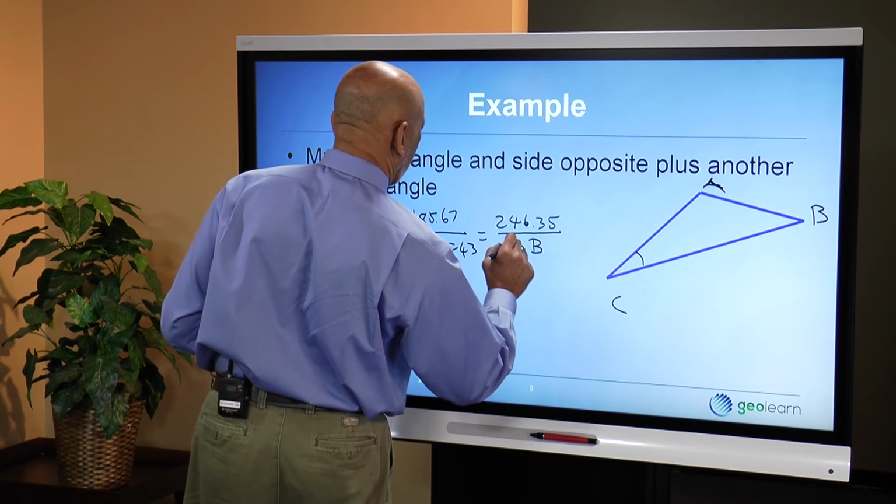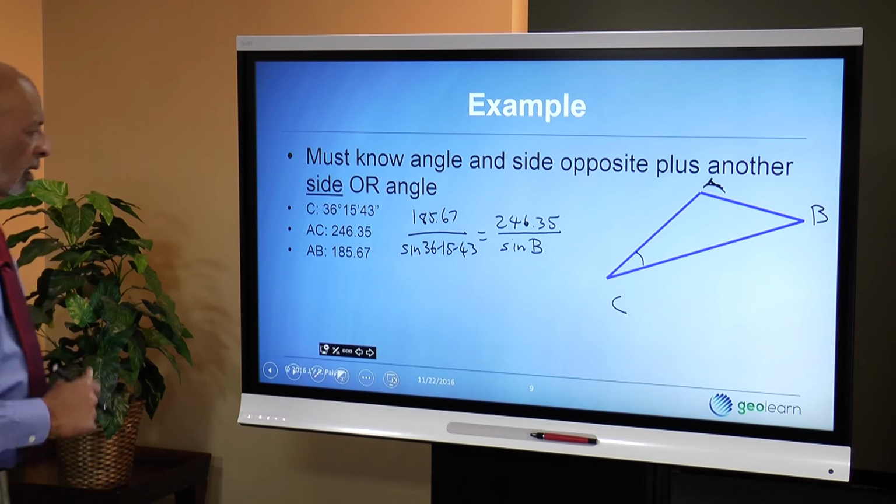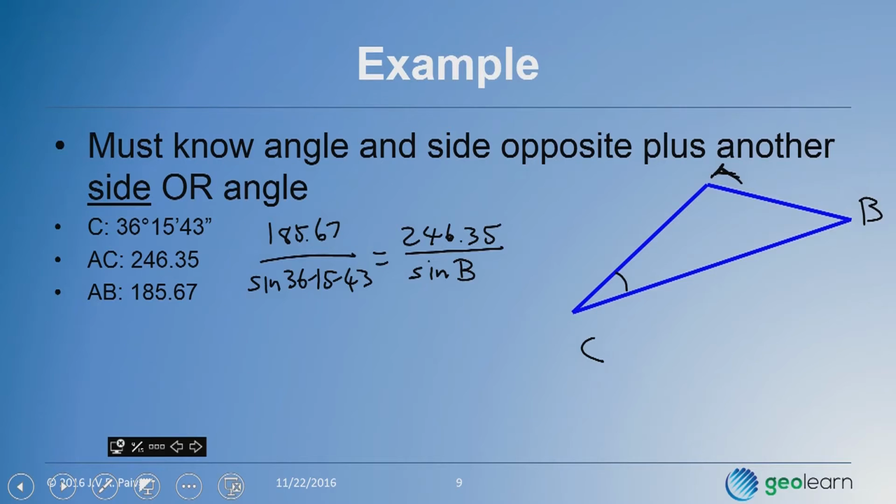So now, relying on some of your algebra, you should know that you can do some substitutions and what's called cross multiplying. So we can write that the sine of B times 185.67 is equal to the sine of 36°15'43", and I looked it up, 0.59148.